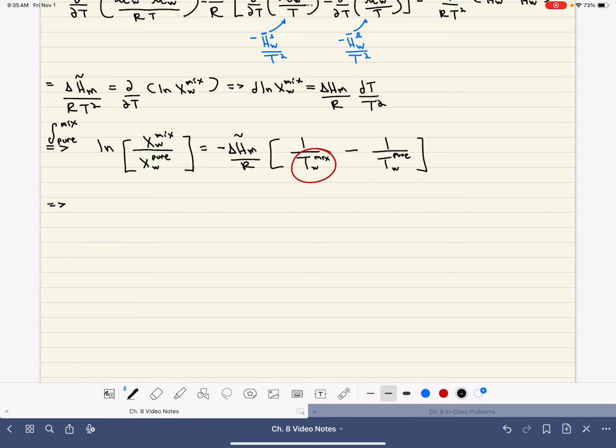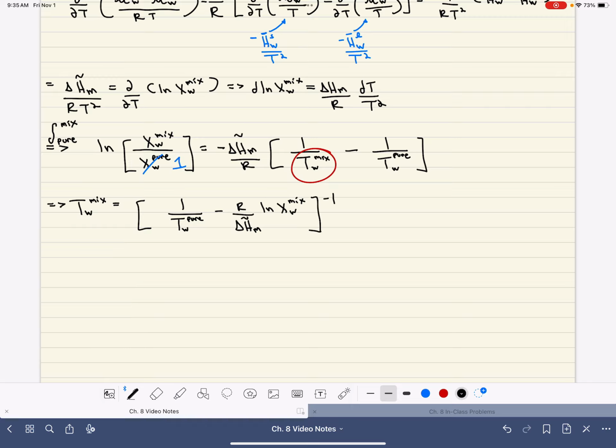And one other thing I'll point out: the mole fraction of water when you have pure water, that's just 1. All right, so the left-hand side can simplify down. In any case, we could solve for T_W mixture, and that's just going to be equal to this. Pure minus R over delta H_m ln of x_W mixture.